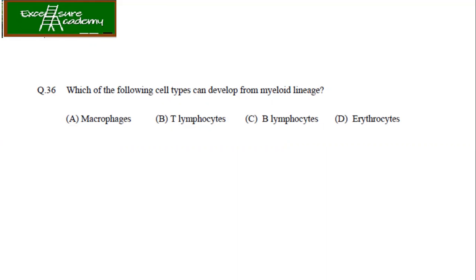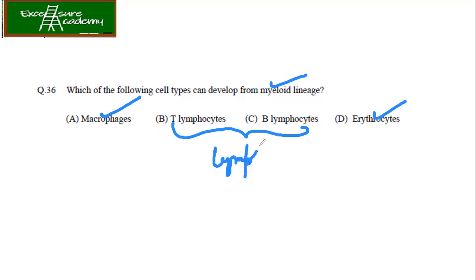Again, just for extra information, let me share this. Macrophages and erythrocytes are from the myeloid, whereas these two are from the lymphoid progenitor.